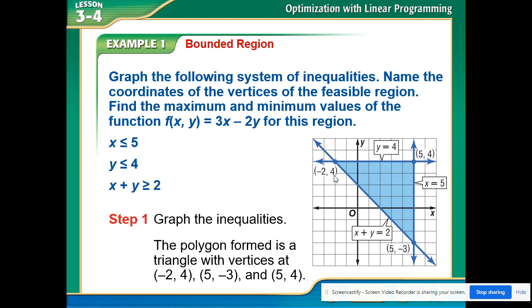So we have -2, 4, 5, 4, and 5, -3. So those are the 3 points that we have. Now those 3 points are going to get plugged into this formula, this equation here, this function, and that's what we're going to try to find the max or mins for. So we're going to create a table here in just a moment. But the whole part of this graph is to find those 3 points.